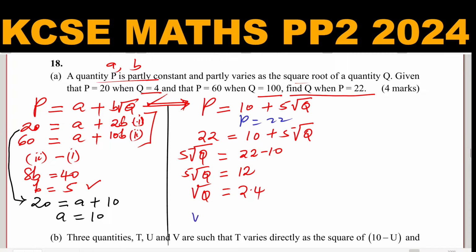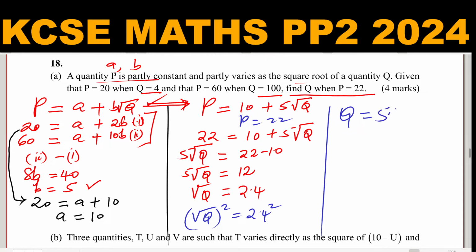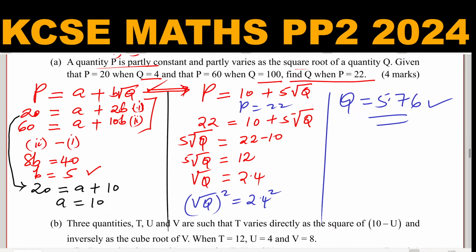So what do you do? You simply square both sides. When you square the root of Q, you get Q is equal to 2.4 squared. That will give 5.76, and that is the solution for that part.